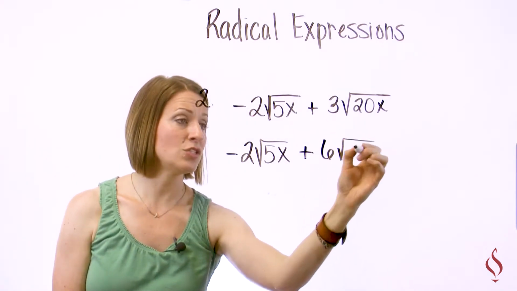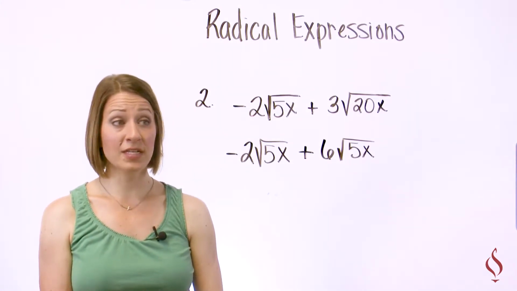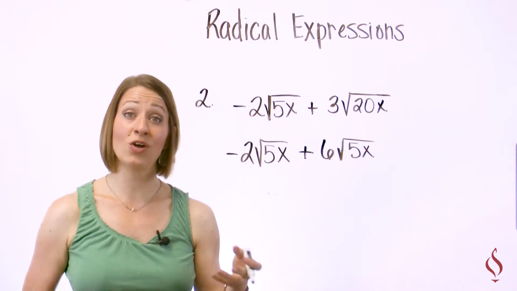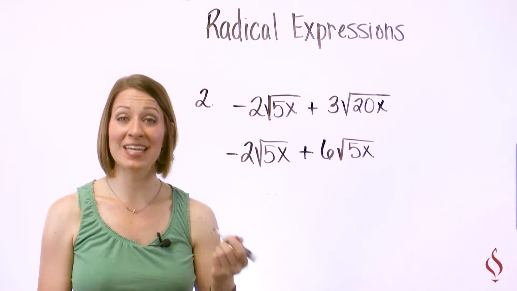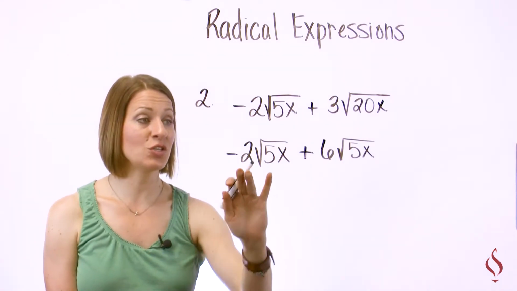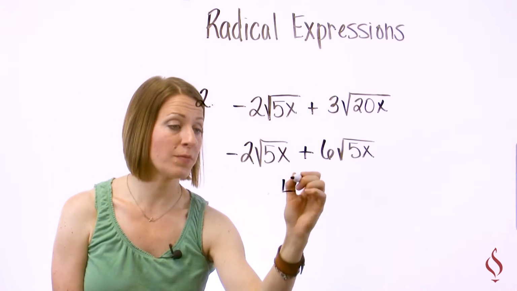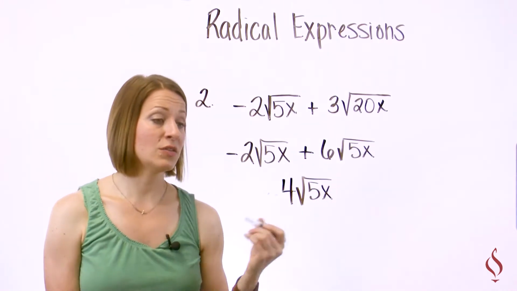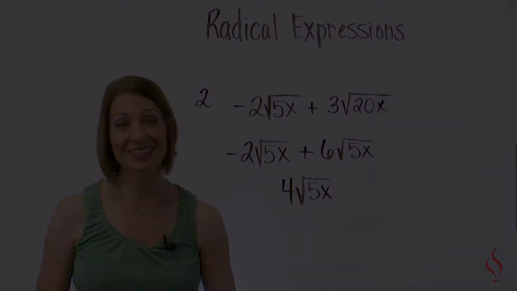And that leaves you with the square root of 5x. Now, since both of the expressions underneath the radical are the same, you just need to add the numbers on the outside. Negative 2 plus 6 is positive 4 radical 5x. So this answer is 4 square roots of 5x.